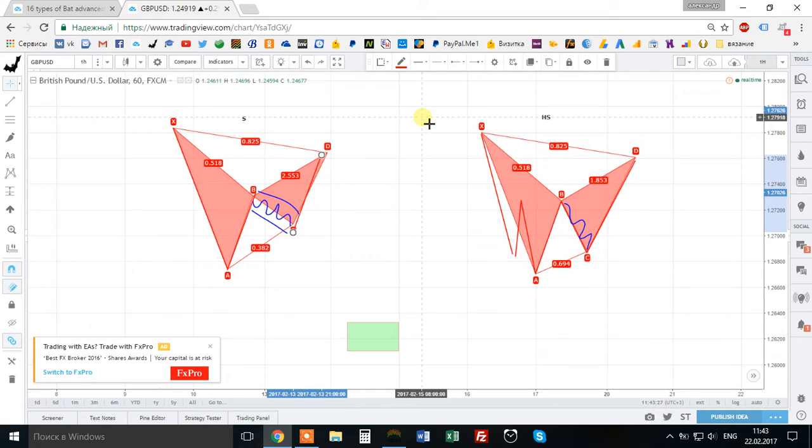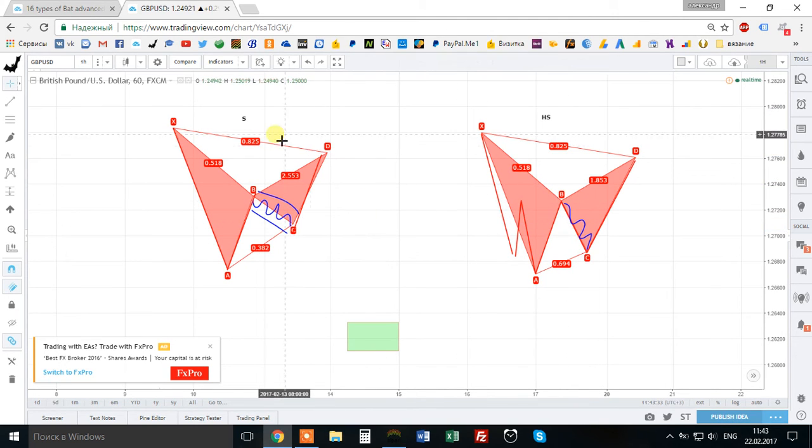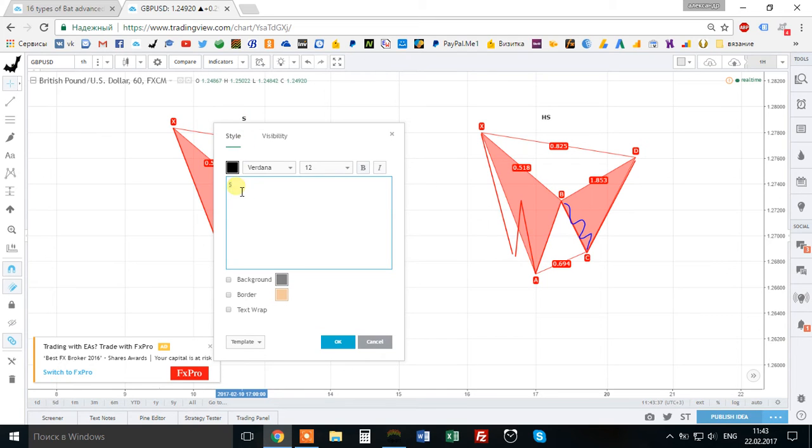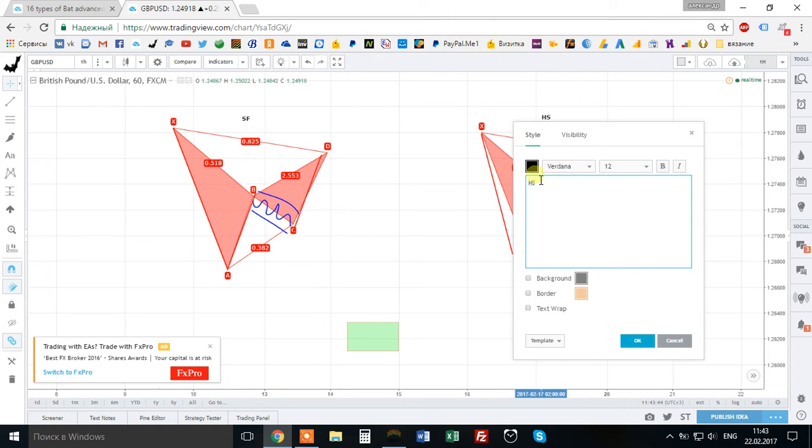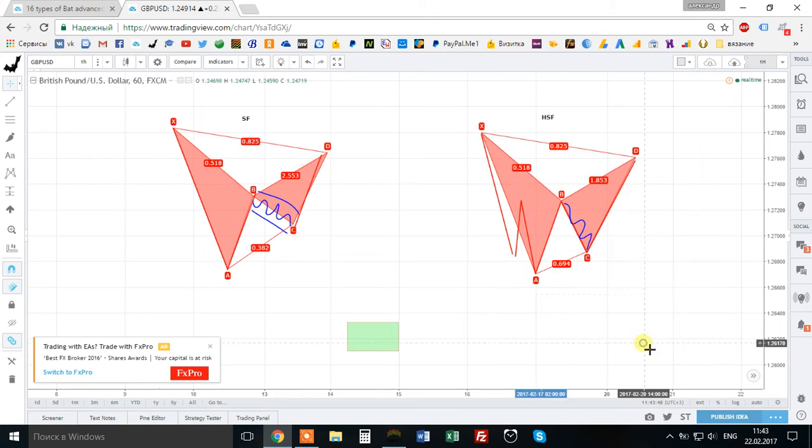HSF means head and shoulders, flag. Here we have two flags. Let's say we have two flags. Okay, so SFF, and on the other side we have HSF as well, as I drew some flag. If we didn't have any flag, I would type it N, HSN, no flag.